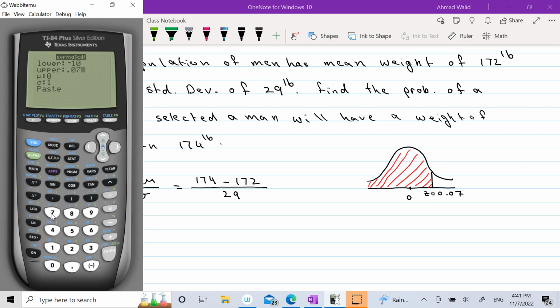Of course, because we are dealing with normal distribution, my mean is 0 and standard deviation is 1. Now paste, and enter again. It gives you 0.5279.